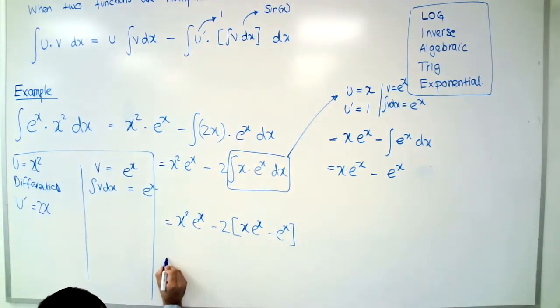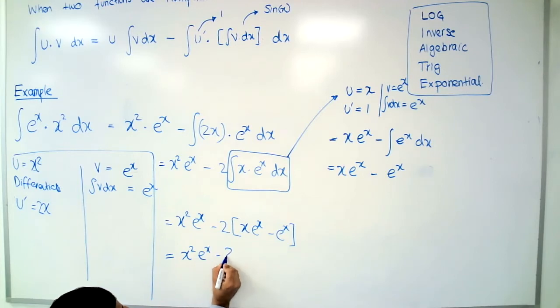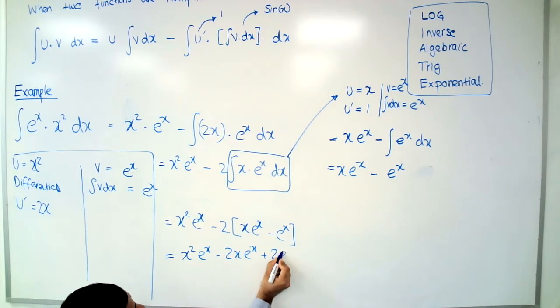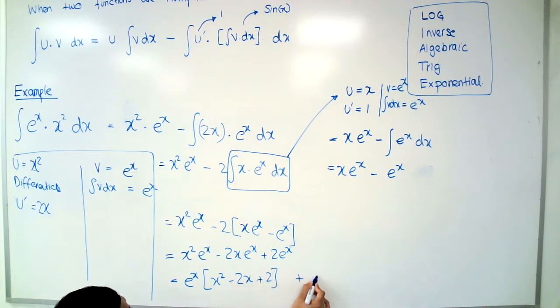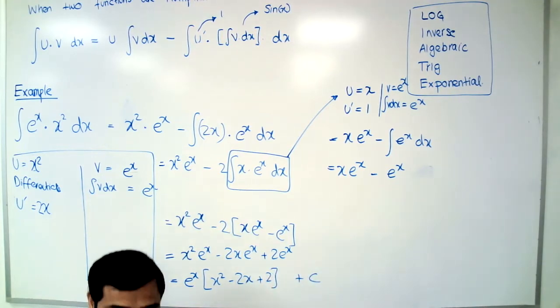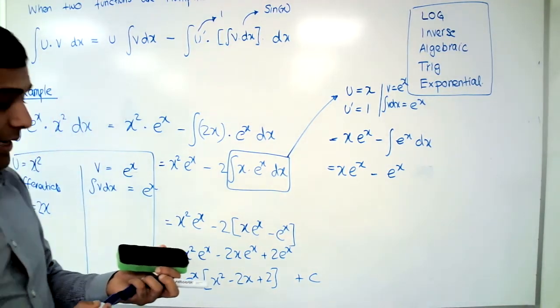Now, if I open up the bracket, x squared e to the x minus 2x e to the x plus 2 e to the x. You can leave it like that, or you can take e to the x common, and I got x squared minus 2x plus 2. Don't forget the c. Yep, this is your answer for that question.